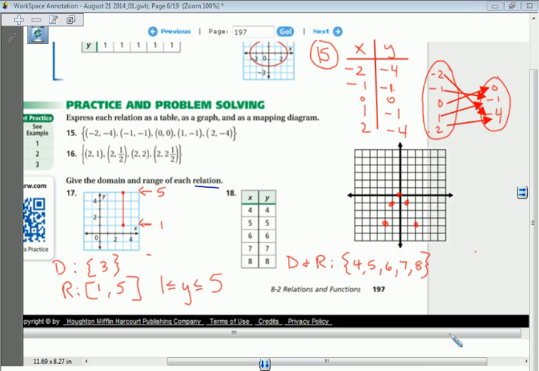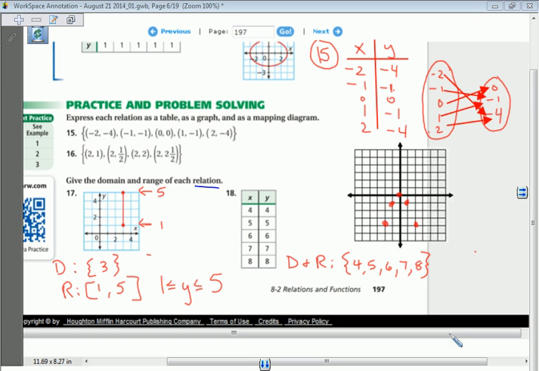But the range, when we go from bottom to top, starts with a y value of 1 and ends with a y value of 5. And it's every single little point in between. 1.76 is in there. 2.00005 is in here. Every little point in between. So we have to write this as an interval from 1 to 5.